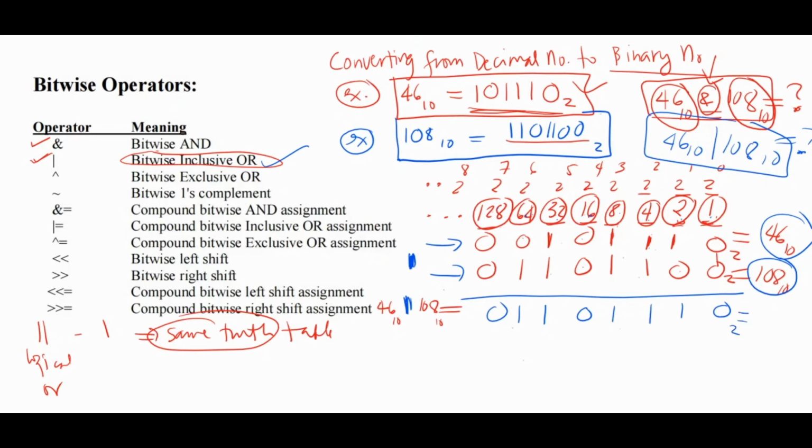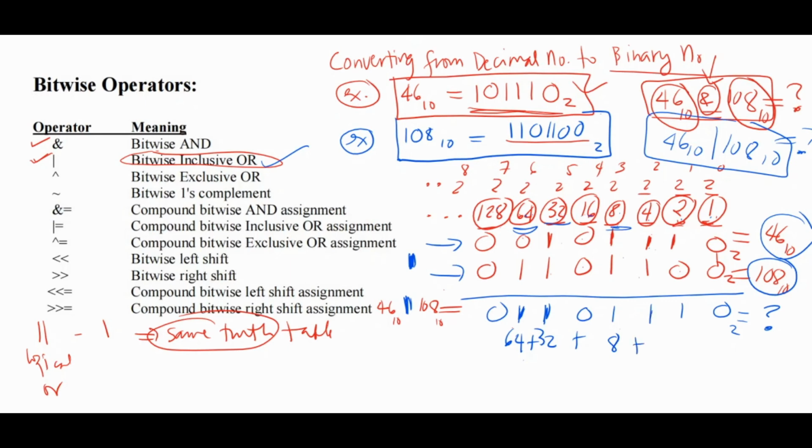And what is this binary number equivalent in decimal? Let's find out. Converting this binary number to decimal, the one here is 64. This one is 32, so plus 32. This one here is 8, so plus 8.